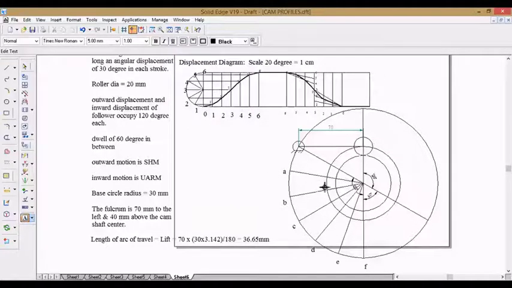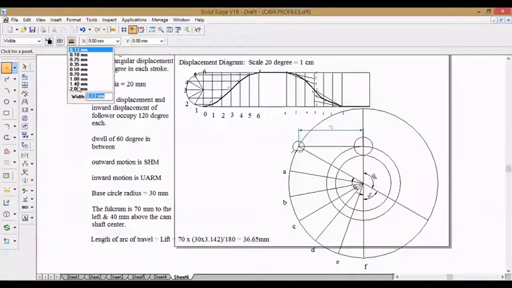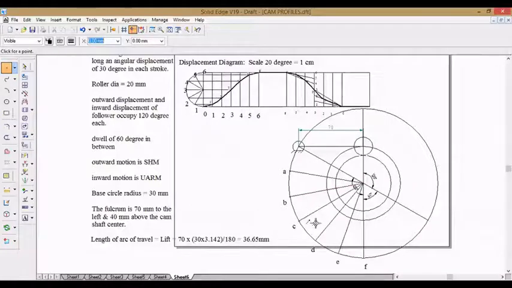So divide the 120 degree into equal parts. I will place a simple point at the end points, then I will trim those. That's enough for you also.